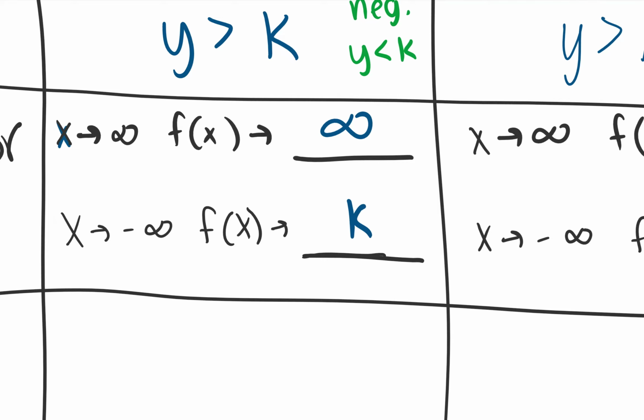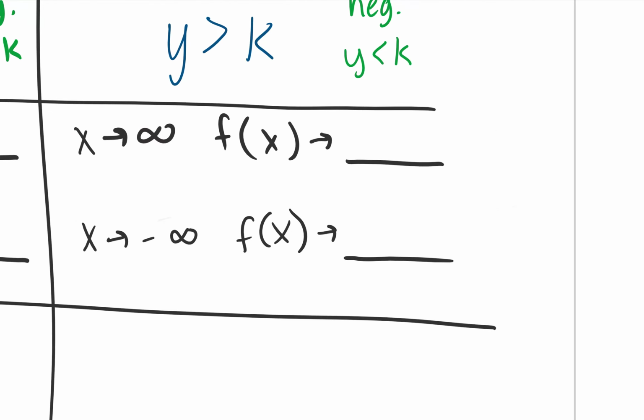So this one's k, because that'll move my asymptote, which I'll talk about in a minute. So just know on growth, my positive infinity is positive infinity, my negative is k. And then for decay, if you guessed it right, you probably did, you just flip those. So the first one is k, and then negative infinity is positive infinity. So they just switch places.